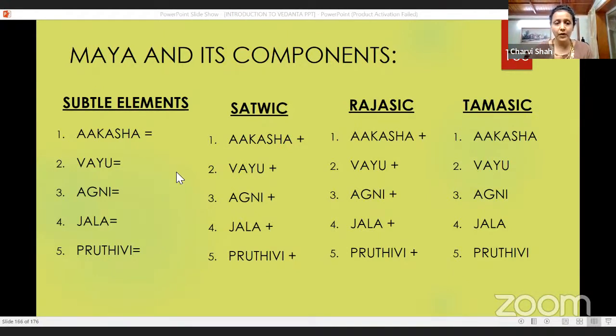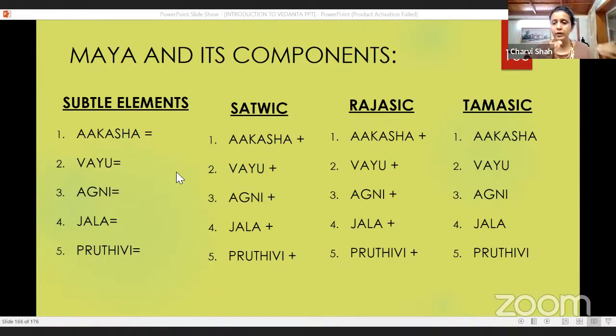So last class we saw that all the 5 elements have a sattvic component, a rajasic component, and a tamasic component. So we have a sattvic component of Akasha, a rajasic component of Akasha, a tamasic component of Akasha.